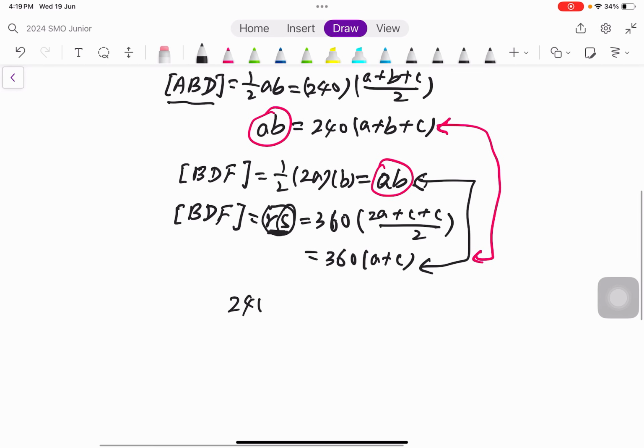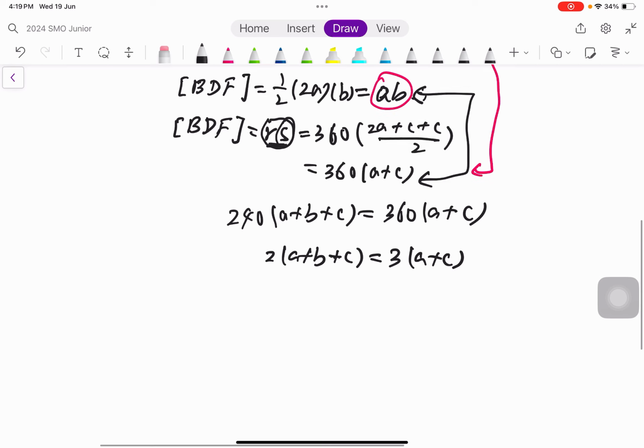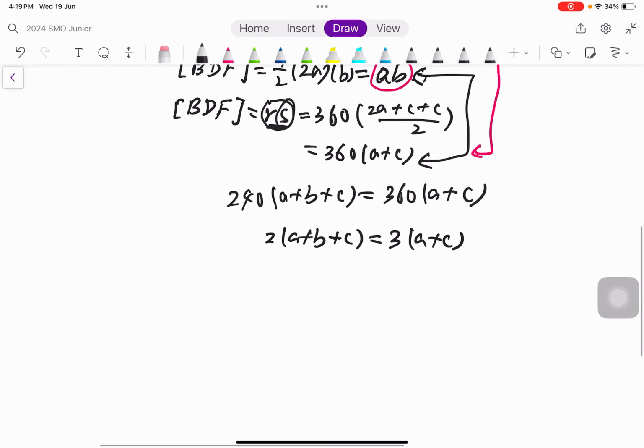You get 240 times A plus B plus C is equal to 360 times A plus C, right? Therefore, in this case, can I say that 2A plus B plus C is equal to 3A plus C? All right. Therefore, basically, can you see that 2B is just equal to A plus C?